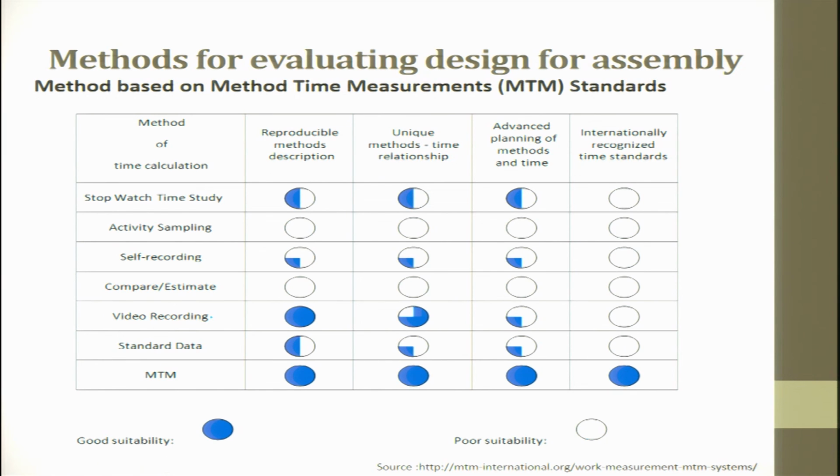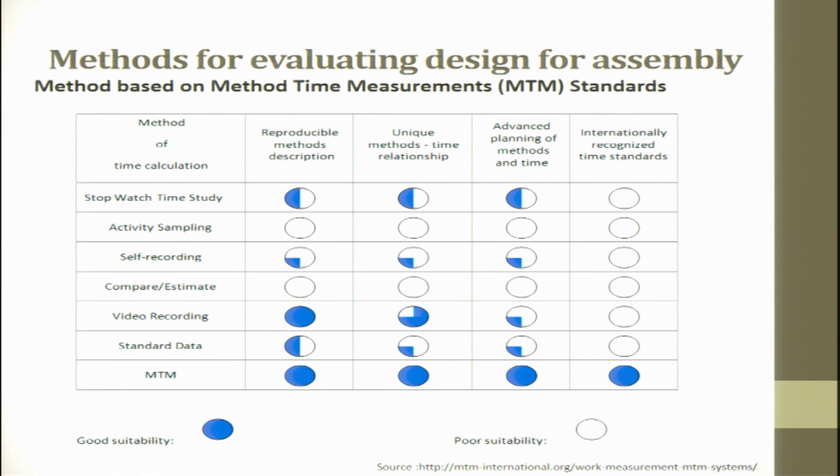So for video recording, reproducible method description is very well suited, and for unique method time relationship it is 75%, then advanced planning for method study it can be used as 25%, and internationally recognized time standard it has poor suitability.